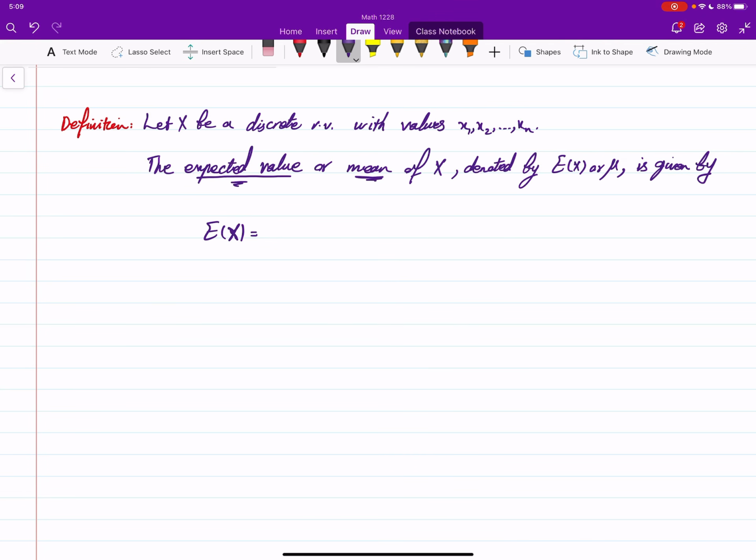So E of X is you multiply the first value by the probability of X being equal to the first value, multiply x2 by the probability of X being equal to x2, and go up to xn times the probability of X being equal to xn.